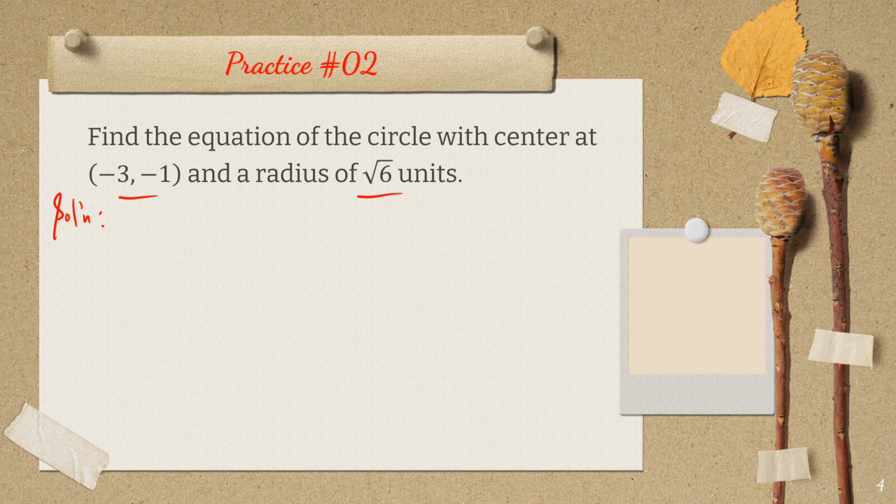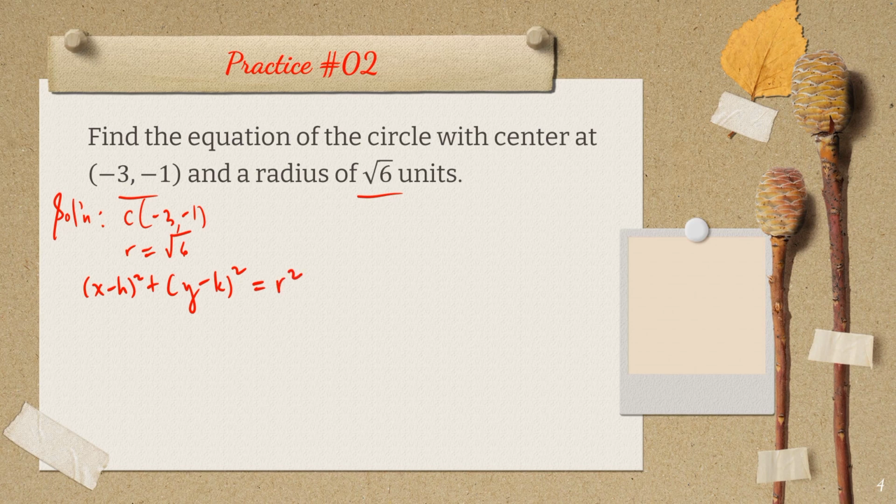The center here is at (-3, -1), and the radius is equal to square root of 6. Applying the center-radius form, or the standard form of the equation of the circle, (x - h)^2 + (y - k)^2 = r^2, right?